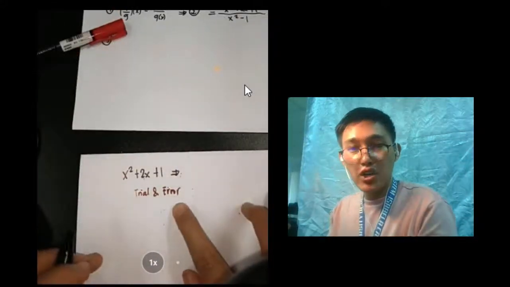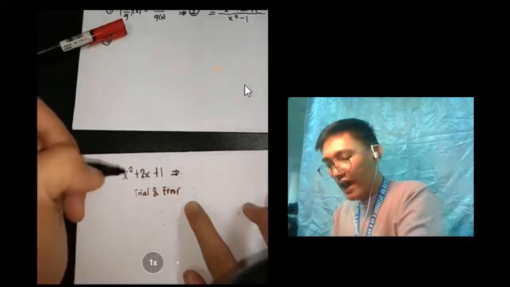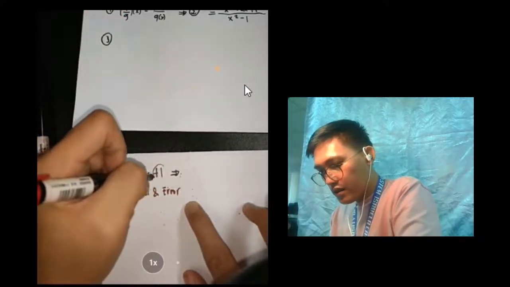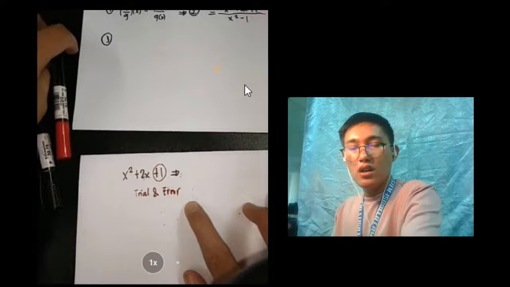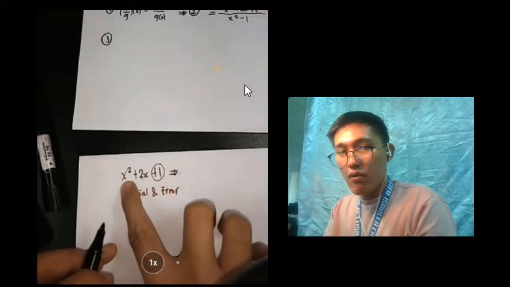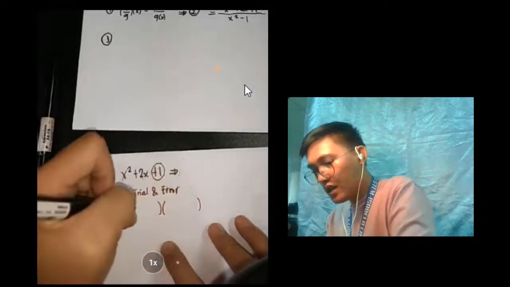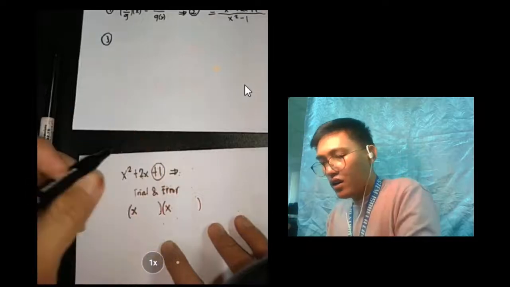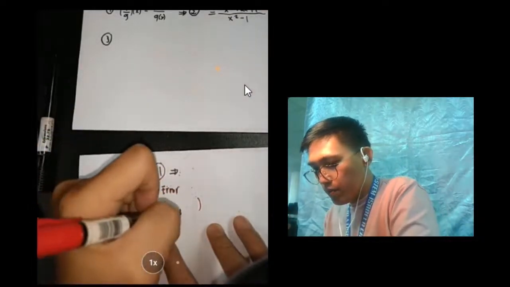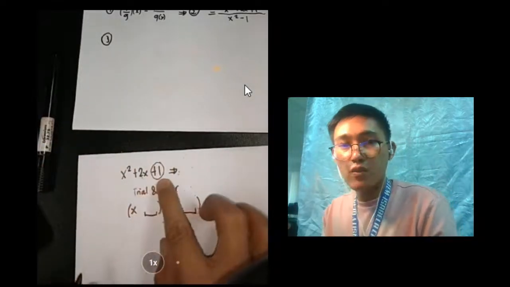So what we will be applying here is you have to get the multiples of that and also in our x squared. So we will get here x and x. Our objective here is to put in this portion, and if we are going to check it out, x squared plus 2x plus 1 will be the product.